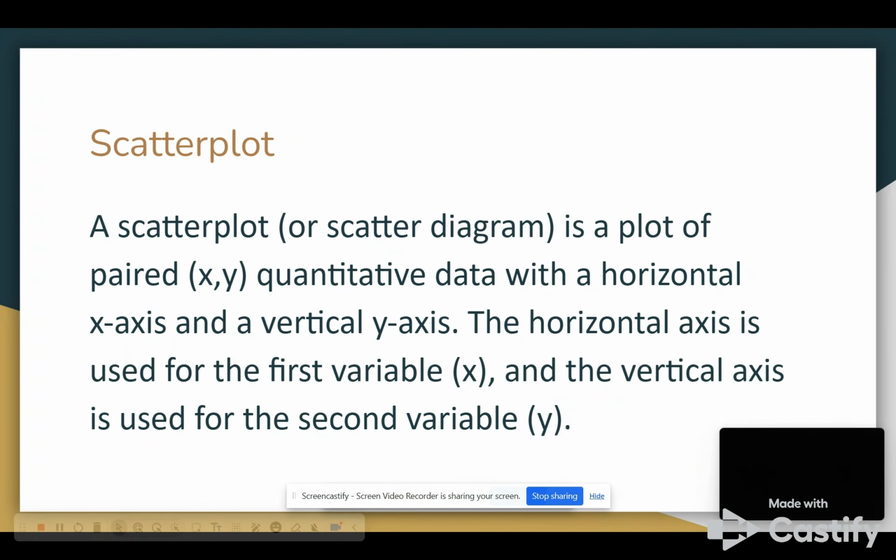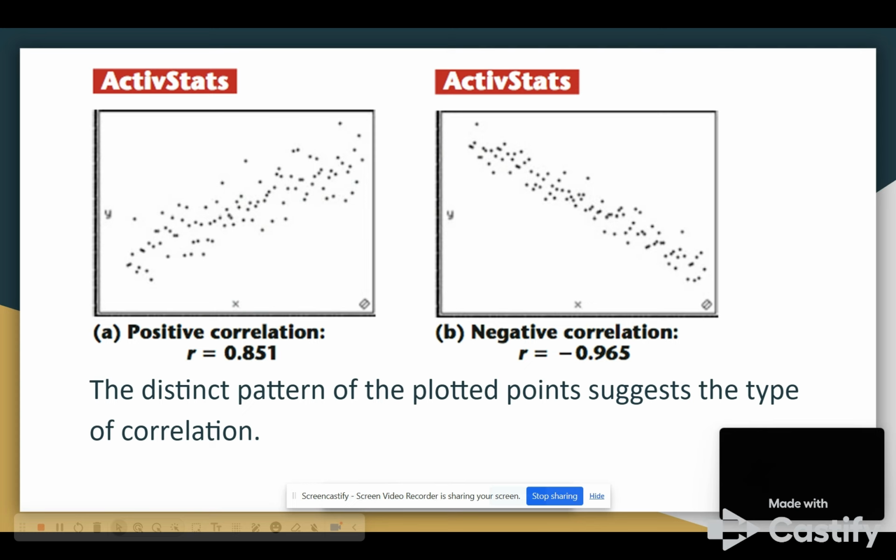Now, we are going to look at what this looks like in a graph today, and then you're going to take a couple tables from the text and create your own scatter plots and identify some things about the scatter plot. All right, so if we look at these two scatter plots here, we can see that we have a positive correlation for this one on the left.